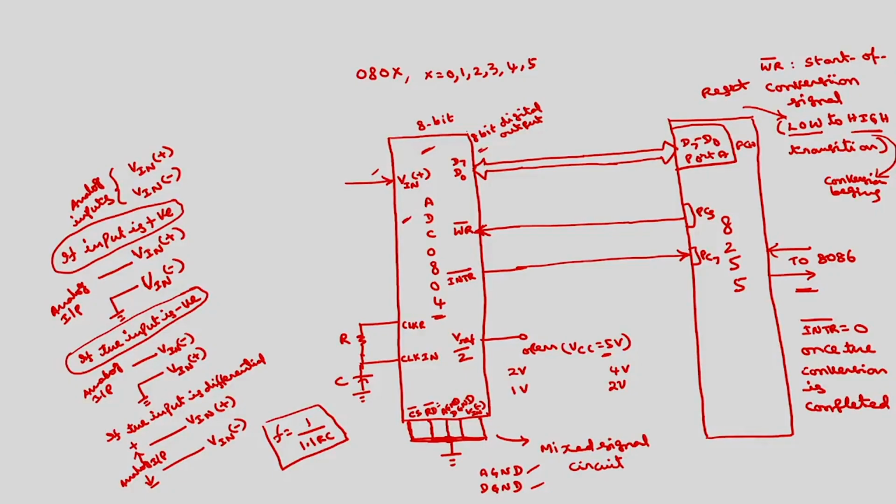Now I will write the program to read the digital equivalent of this analog value into some register or some location, it is up to you. Suppose I want to take the digital equivalent of this value into register BL. In BL I want to store the digital equivalent of the given analog signal.